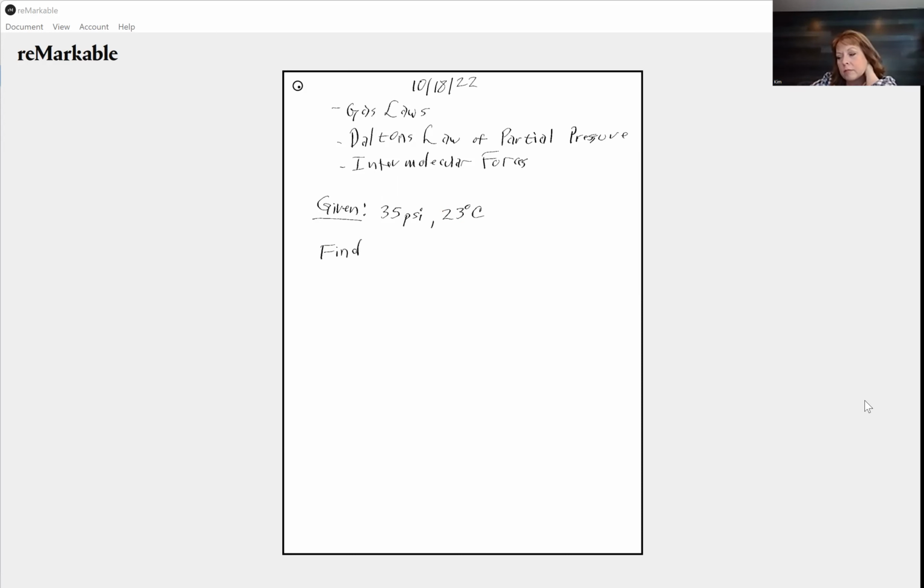What will be the pressure today, when the temperature is about 6 degrees below zero? The gas is about 6 degrees below zero.